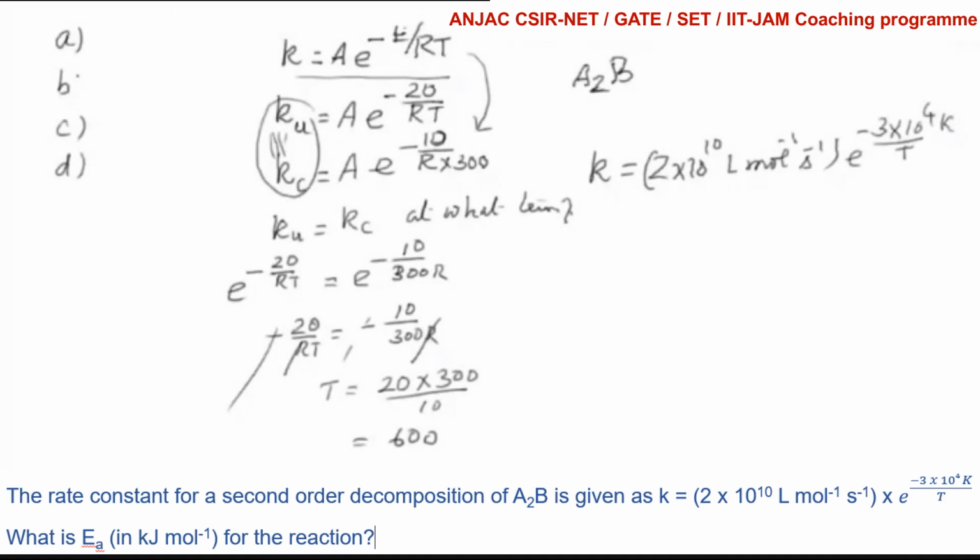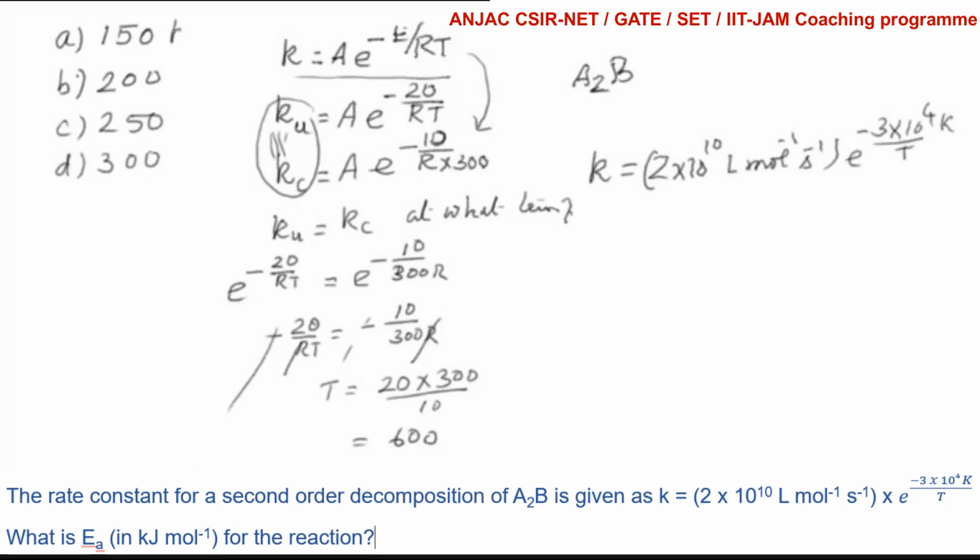Take down the options. Option A, 150 kilojoule. B option, 200. C option, 250. D option, 300 kilojoule per mole.